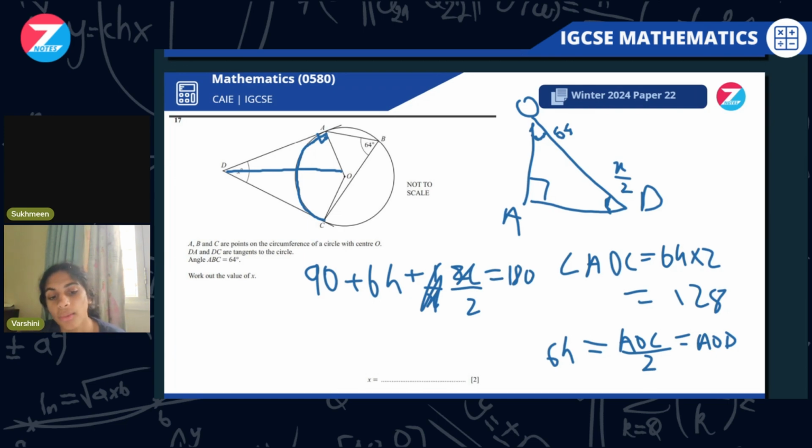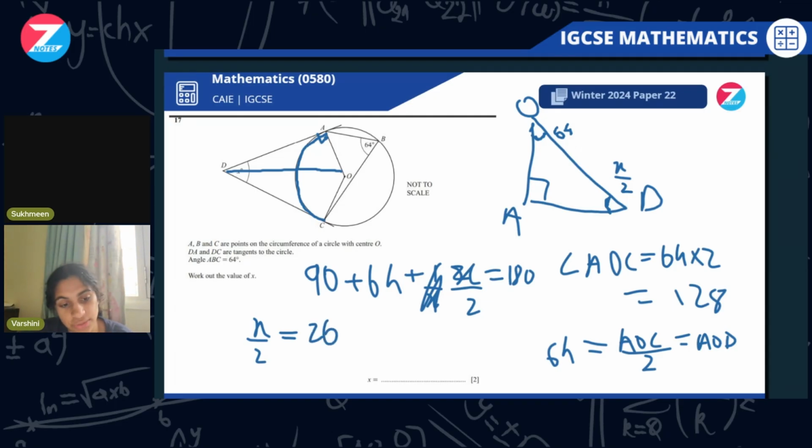So now all we need to do is make x the subject of the formula. We subtract both sides by 90 and 64. So x by 2 equals 180 minus 90 minus 64. If you put that in your calculator, you'll get 26.